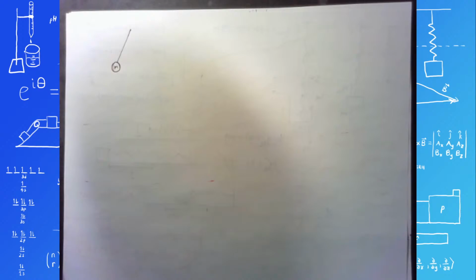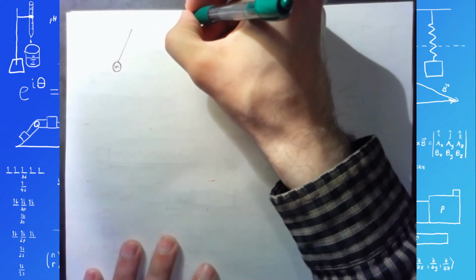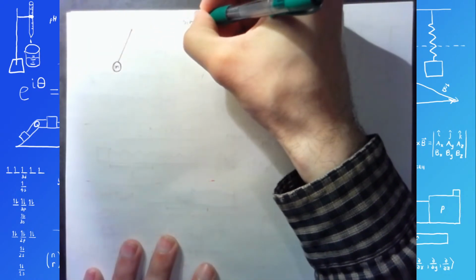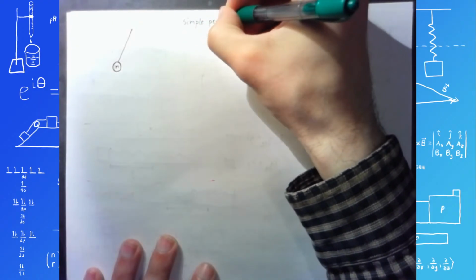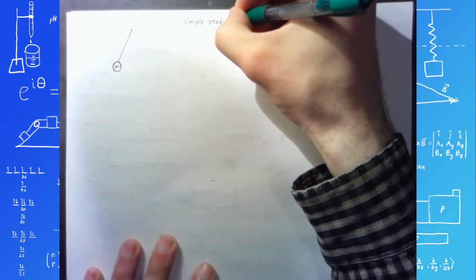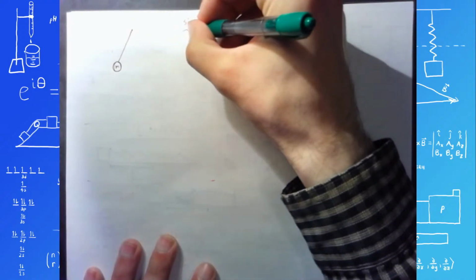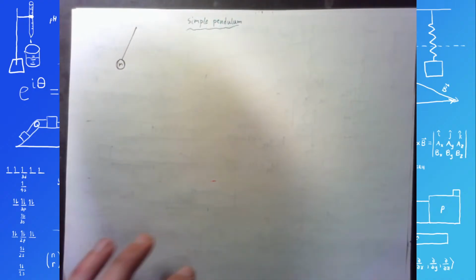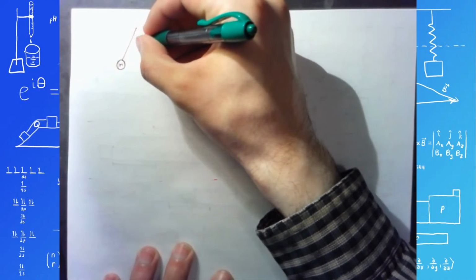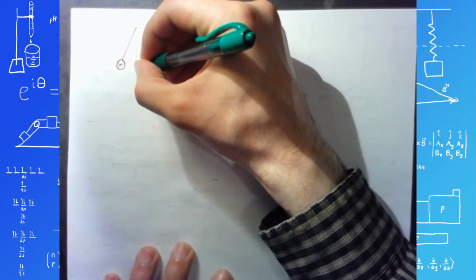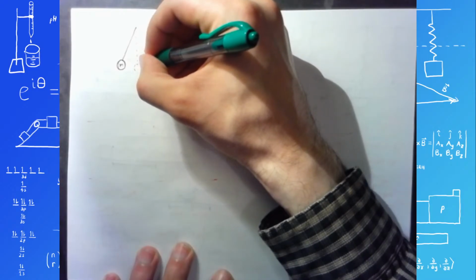So for the simple pendulum, let's figure out if it meets the requirements for simple harmonic motion. Is there a restoring force when this thing starts swinging back and forth? Well, there is something pulling it back towards some sort of central position over here.